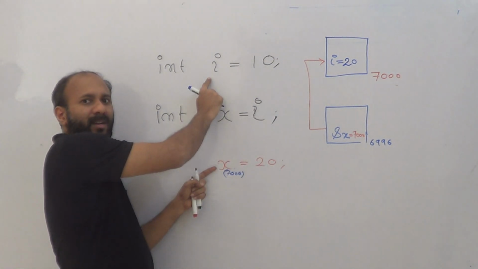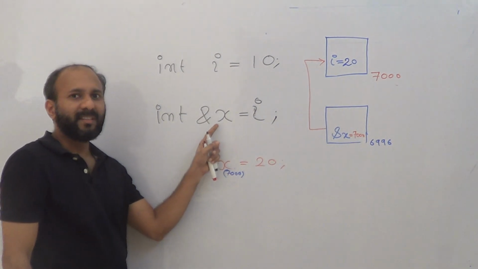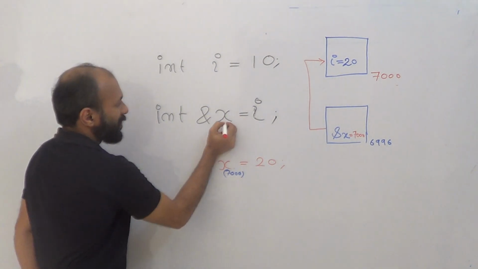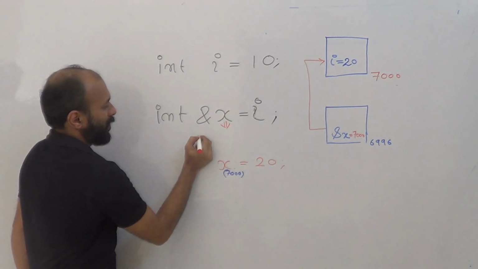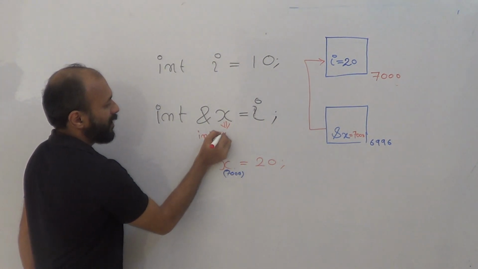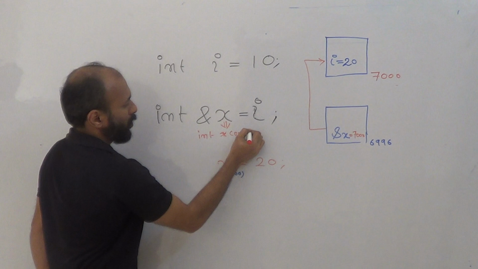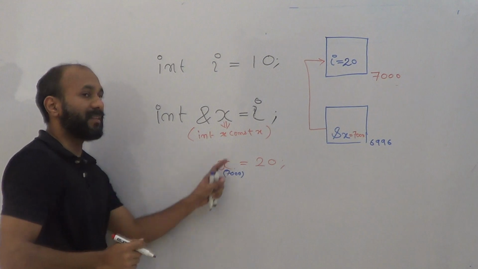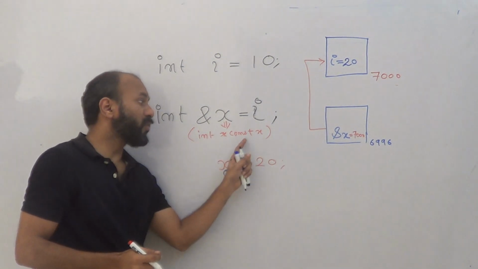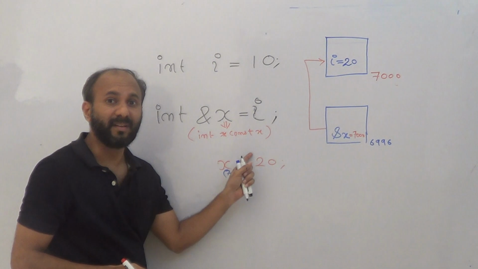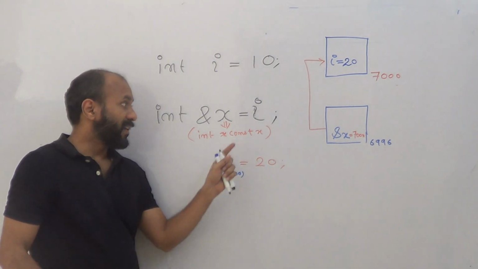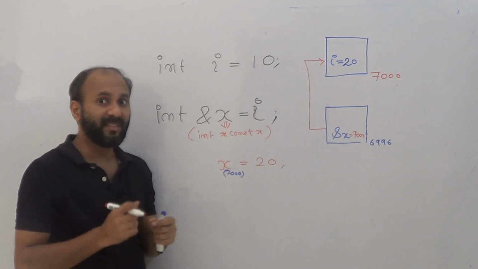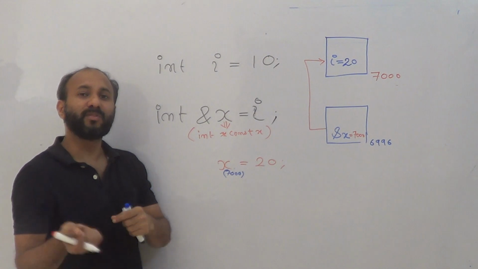Now this reference variable, the compiler internally considers as a constant pointer. So for the compiler, this is int star const x. That means it's a constant pointer, which will show all the properties of a constant pointer. The property of a constant pointer is that if it has been initialized with some address, you cannot point it to another address.